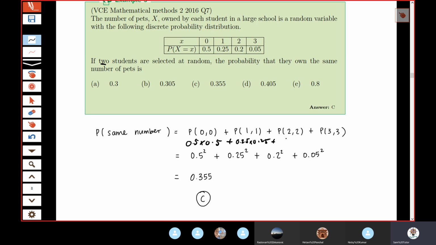Or it could have been 2 pets and 2 pets, or it could have been 3 pets and 3 pets. And that becomes C. Any questions at this stage? Okay, let's do the next one.